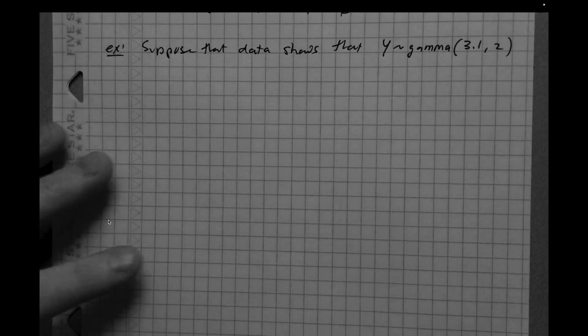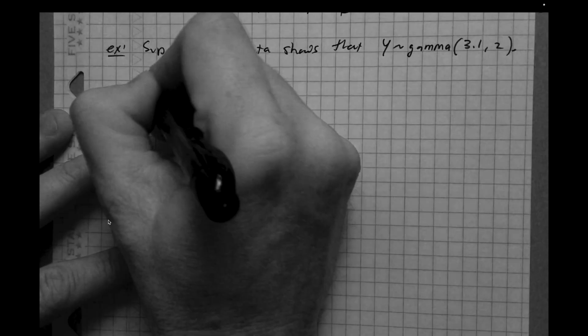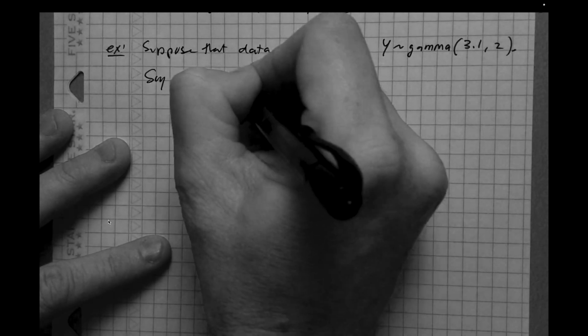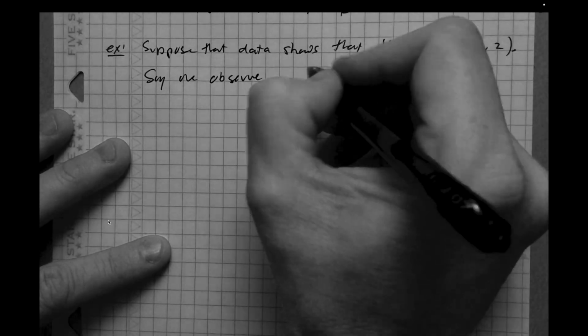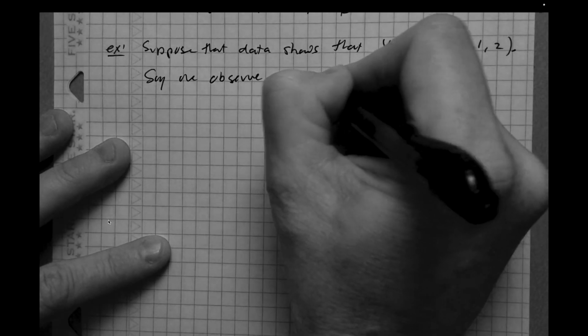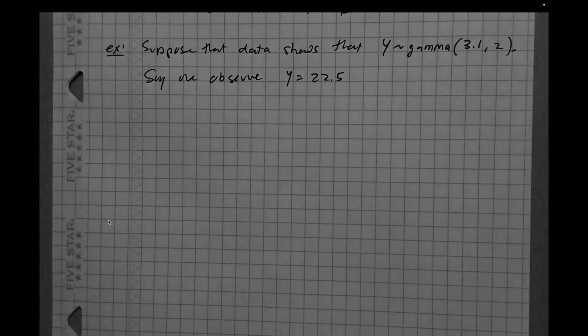Now, say we observe a value for Y equals 22.5. The question is, does this observation seem likely given the rest of the data? Does this observation seem out of place relative to the rest of the data?